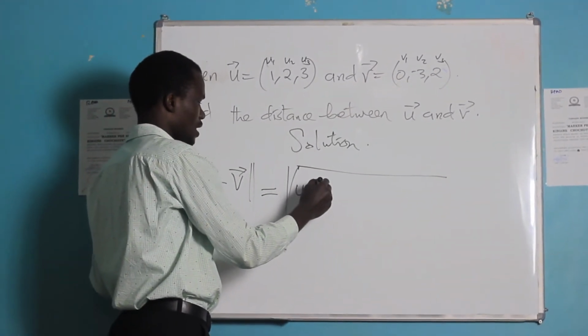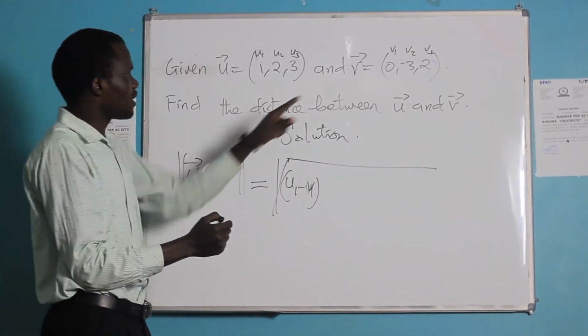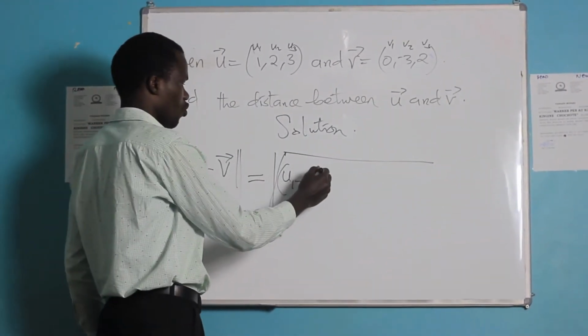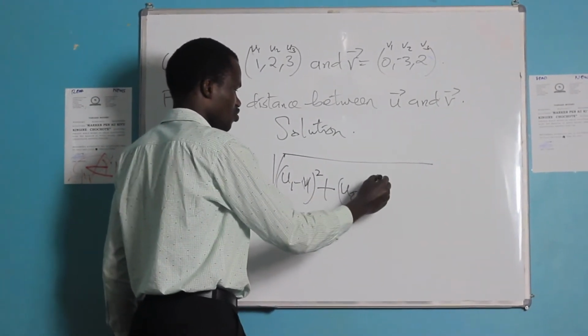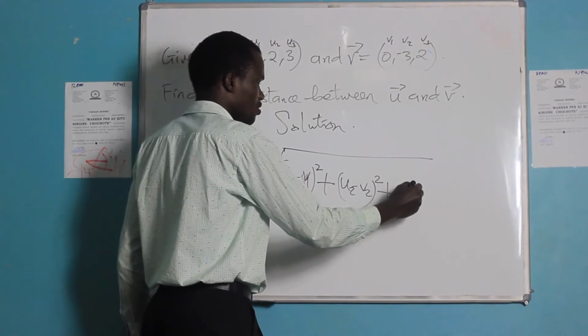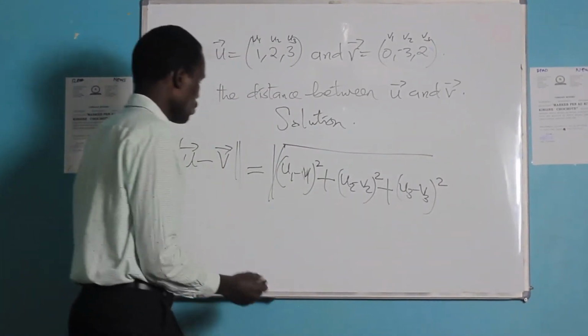Taking u1 minus v1, the corresponding component of the other vector, squared, plus u2 minus v2, squared, plus u3 minus v3, squared.